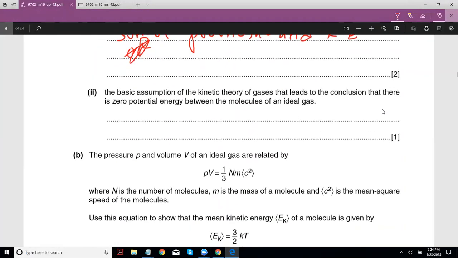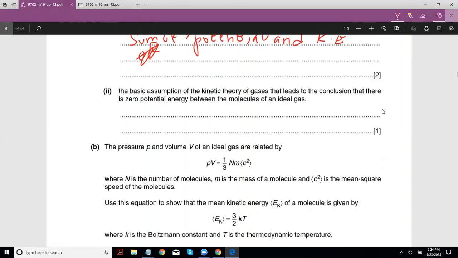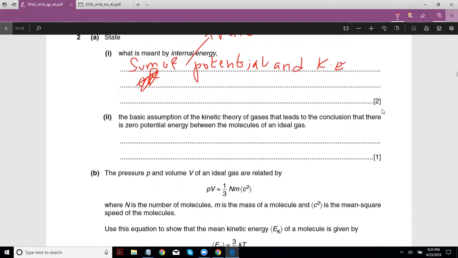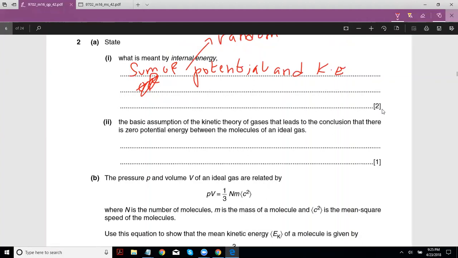So the basic assumption of the kinetic theory of gases leads to the conclusion that there is zero potential energy between the molecules of an ideal gas. We have to just state the basic assumption of the kinetic theory of gases.